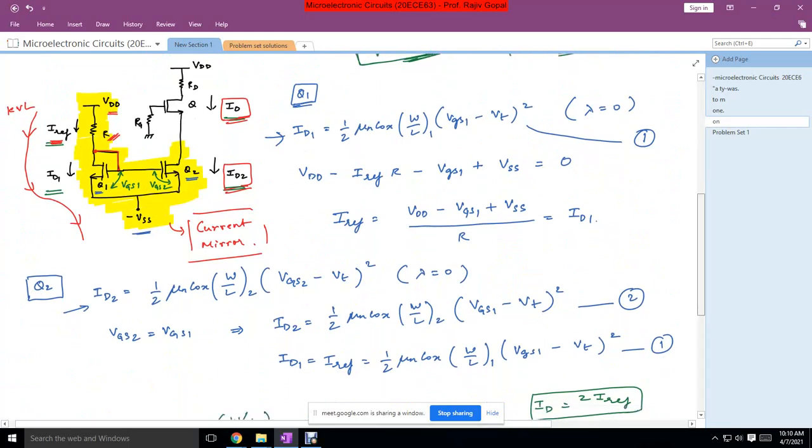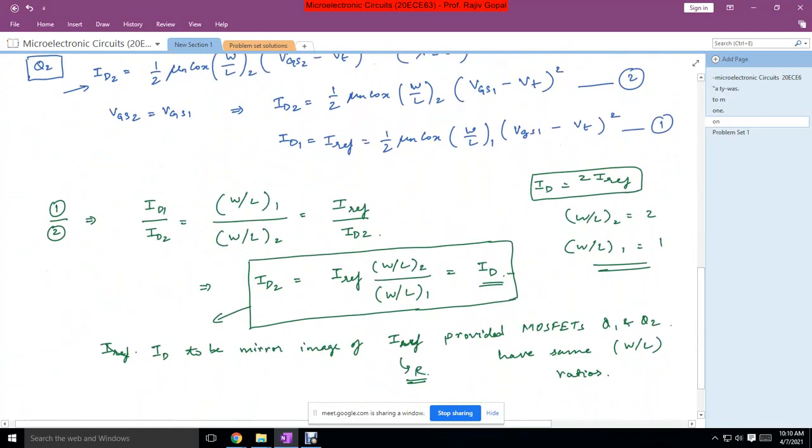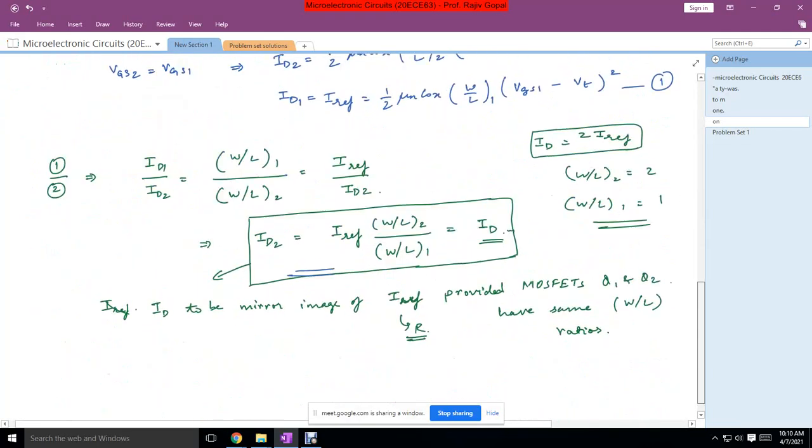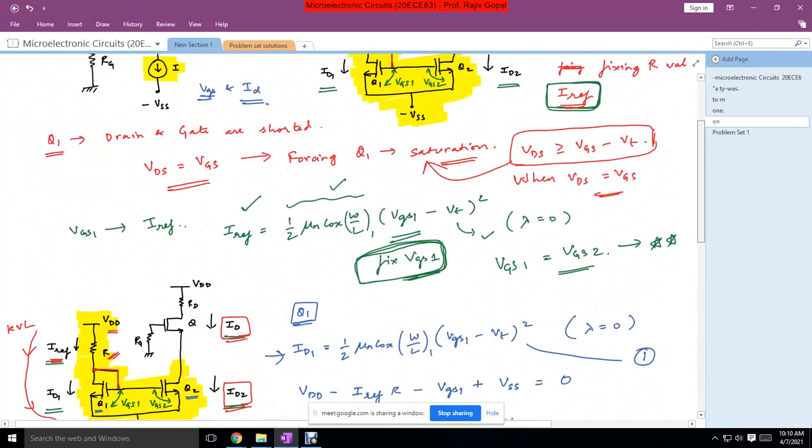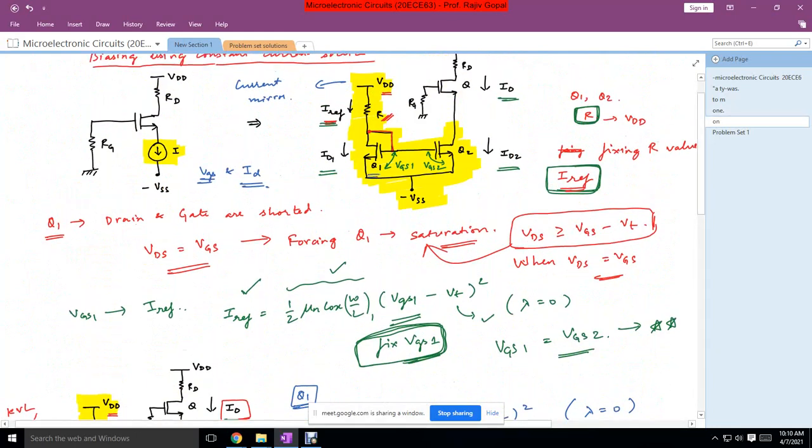Upon comparing these two equations, I found this relation: ID equals I reference times the aspect ratio of the second MOSFET to the aspect ratio of the first MOSFET. So if both transistors Q1 and Q2 are identical, then this I reference would be the same as this drain current.